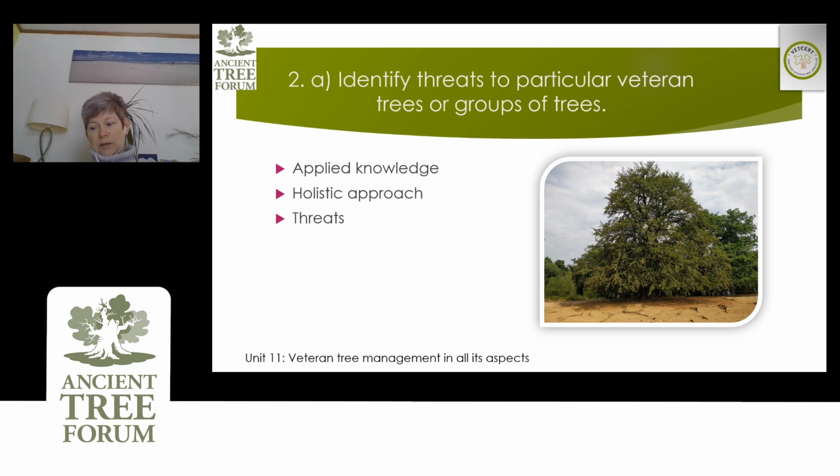See also units 2, 4 and 8 in relation to these topics. Pests and diseases are another threat, and you ought to be aware of how your work might impact on veteran trees in relation to this. We will expect you to be able to identify threats in situ when looking at a veteran tree.